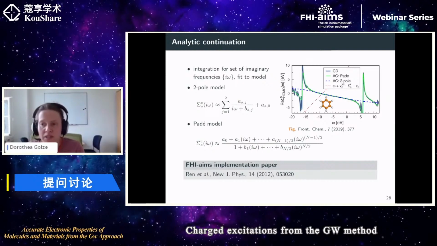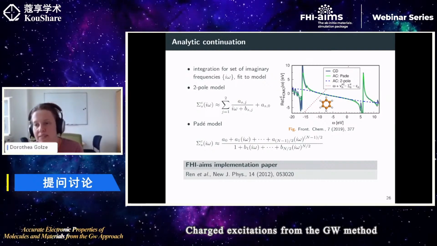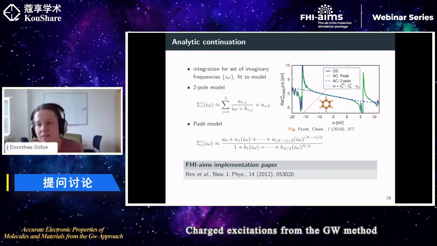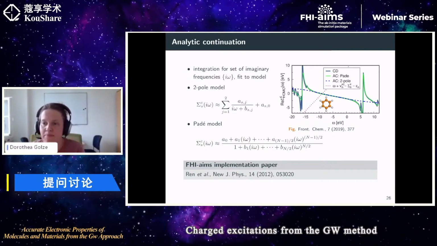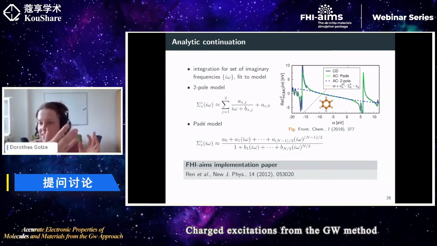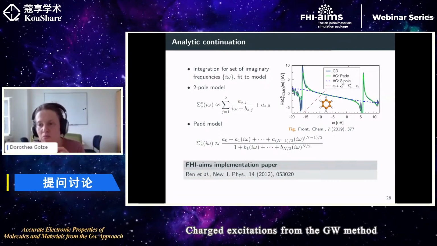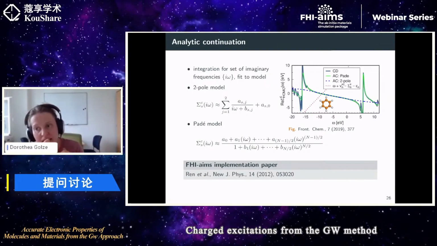In my experience, for valence states it's numerically stable enough, so valence states may be going from 0 to minus 20 eV. Then it starts to get numerically, how to say, you will run a second time with a different number of points, of course, and your values start to fluctuate at 10 to the power of minus 3. The deeper you go, the worse it basically gets.